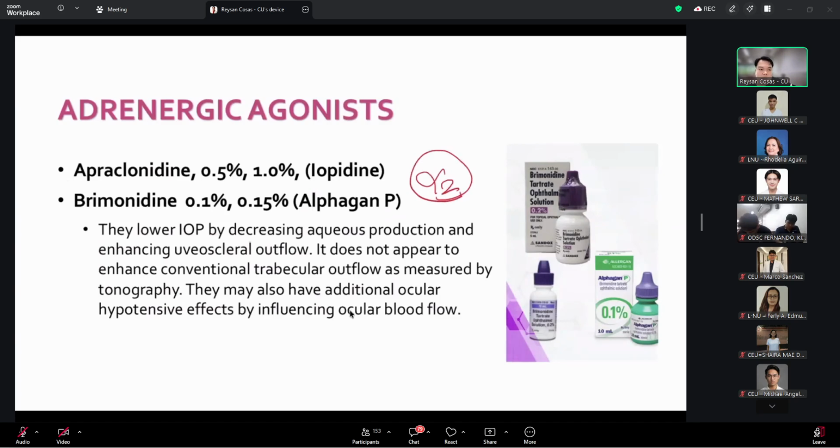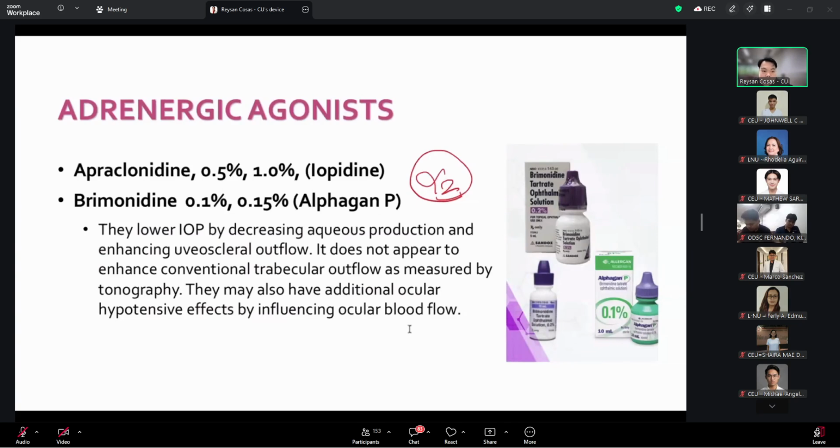And as we all know, let's review. Ano nga yung alpha-2, mga doc? Is this a presynaptic receptor or a postsynaptic receptor? Can you help me? Presynaptic or postsynaptic? Okay, this is a presynaptic receptor.